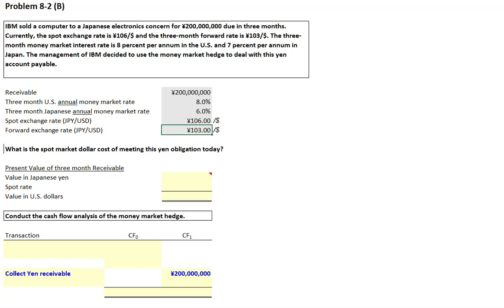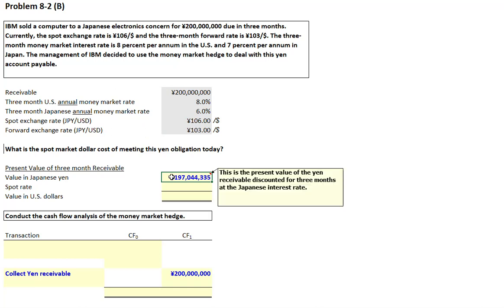So in constructing our money market hedge, our first step is to find the US dollar present value of that yen receivable. So step one will be to calculate the present value of that yen receivable by discounting back the 200 million yen at a 6% annual interest rate for 3 months. And again, that's the Japanese interest rate.